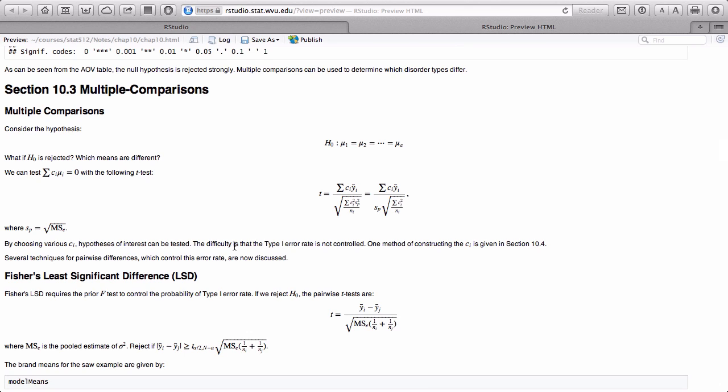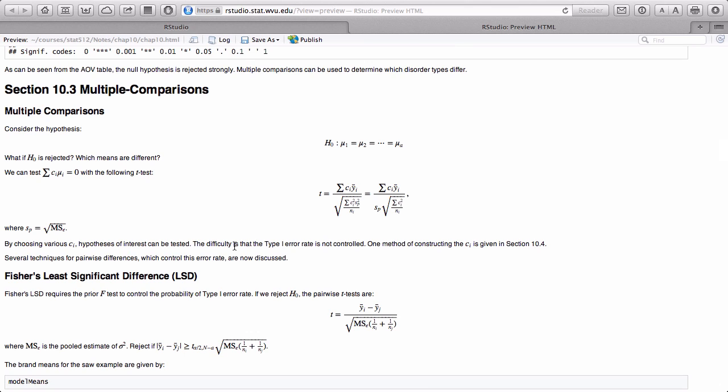And we just have to get, if we had the sum of the c sub i's y bar sub i's, which is the sample analog of the sum of the c sub i mu sub i's, then all we need is the standard error. And that's actually very easy to compute. It's just the square root of the pooled error mean square, that is what we call S sub p squared, times the square root of the sum of c sub i squared over n sub i. So that's easy to do, and we could do that for any set of c sub i's.